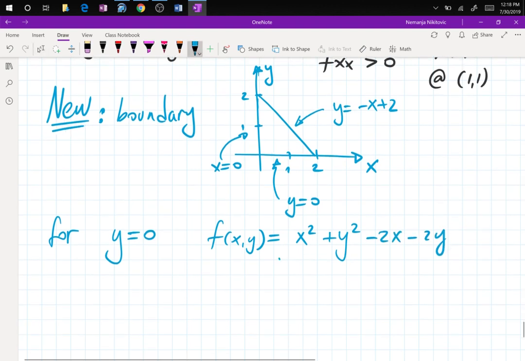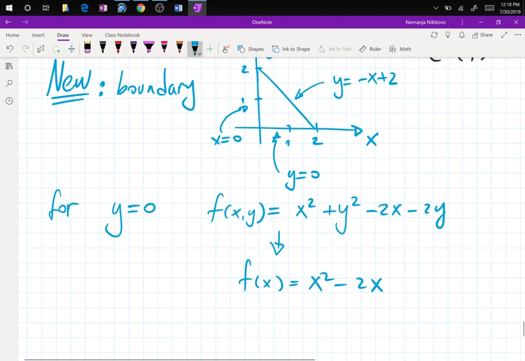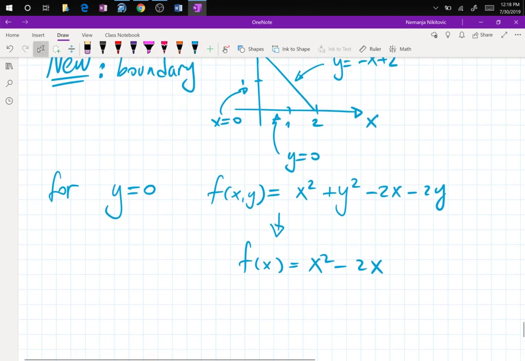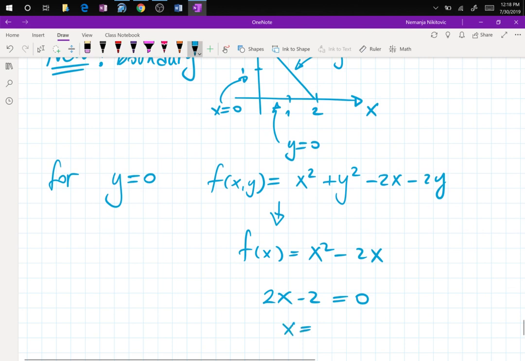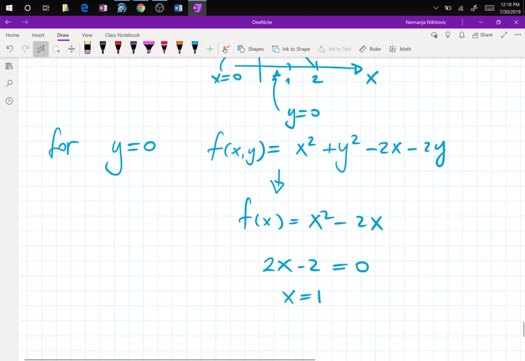When y is equal to 0, this turns into just f(x) being x squared minus 2x. And it becomes a Calculus 1 problem. So you take the derivative, you get 2x minus 2, you set it equal to 0, you get x equals 1.